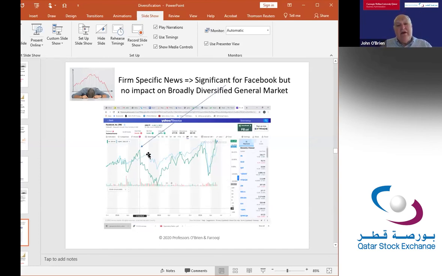So this is a classic example of firm-specific news, and this is a classic example of what we refer to as unsystematic risk. If you had all your eggs in Facebook, you faced a massive loss, or a significant loss overnight on that one investment.